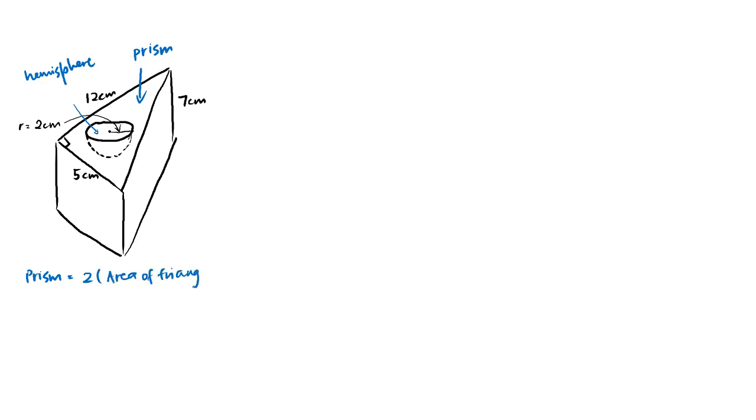Remember? This triangle over here and the triangle at the bottom. So there are 2 triangles, so it's 2 times the area of the triangle, plus the area of rectangle 1 plus rectangle 2 plus rectangle 3, because we have 3 rectangles here.